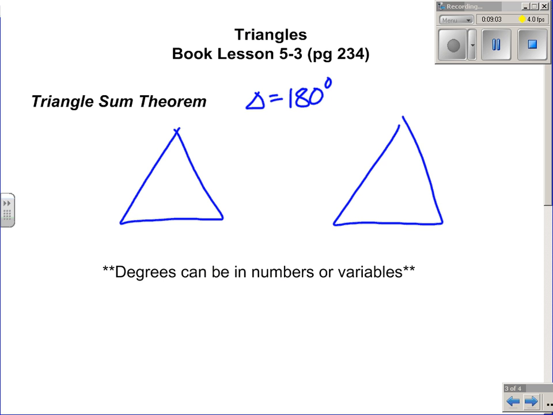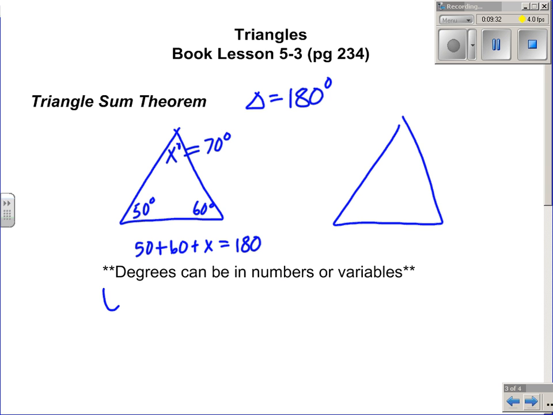So if you were to get a problem that said, here's an angle of 50 degrees, here's an angle of 60 degrees, find x, well, you would take 50 plus 60 plus x, and that equals 180. When you solve for x, you get 70 degrees.